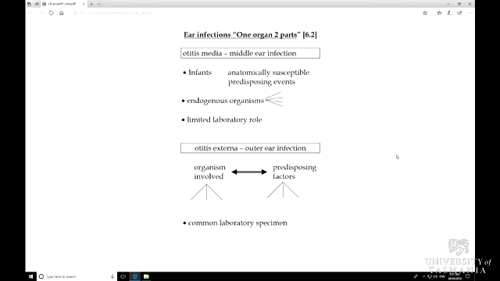So most often it's caused by a preceding viral infection that causes inflammation and blockage, and then bacteria that are endogenous to the middle ear and the nasopharyngeal area grow inside that chamber that's blocked to cause infection. So, most common causes, H. influenzae, Staph aureus, Strep pneumo, Moraxella, and quite a number of anaerobes. And they're growing in the middle ear.